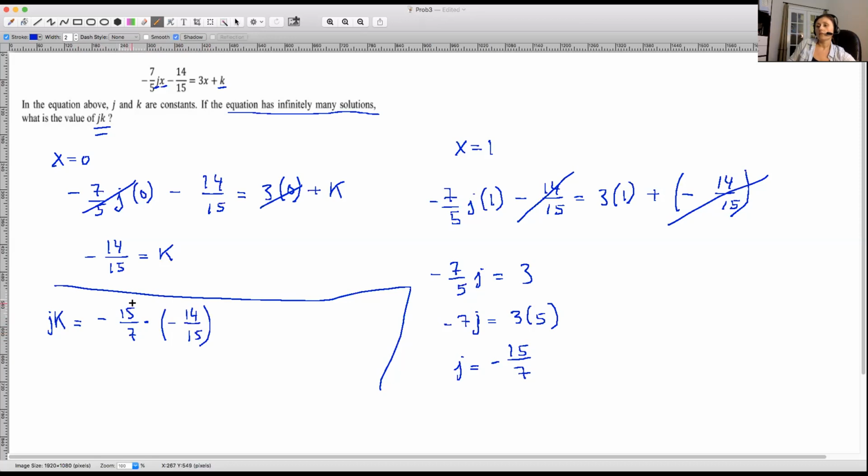So negatives will cancel, 15s will cancel. So we're left with 14 divided by 7, or 2. So this is our actual answer, 2. j times k equals 2. And that is the answer to our problem.